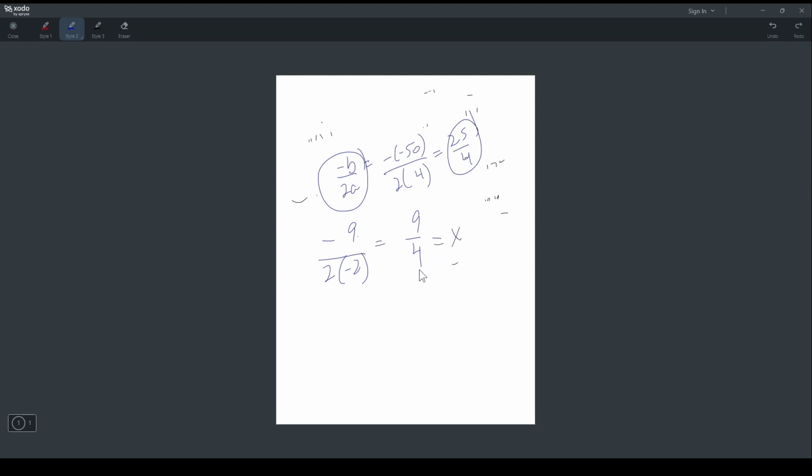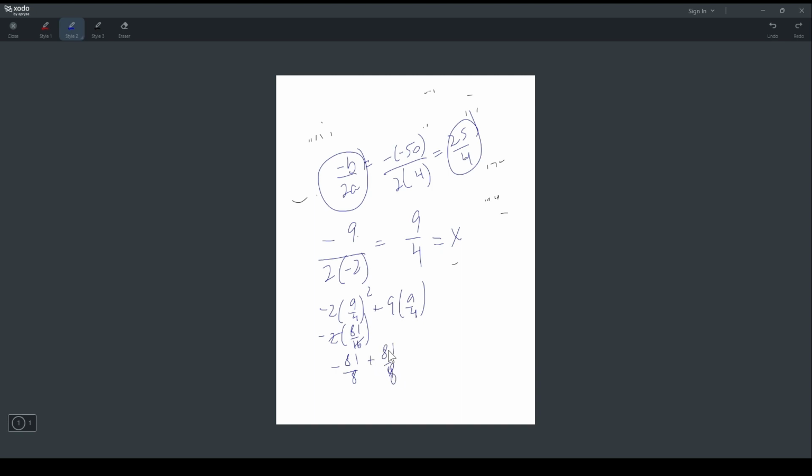I need my y because c is twice y. So I've got to plug it into the equation. Negative 2 times 9 over 4 squared plus 9 times 9 over 4. This is negative 2 times 81 over 16, which becomes negative 81 over 8 plus 81 over 4.